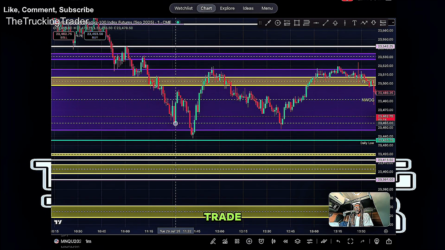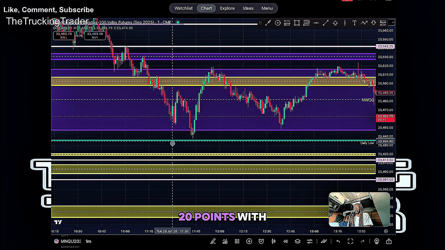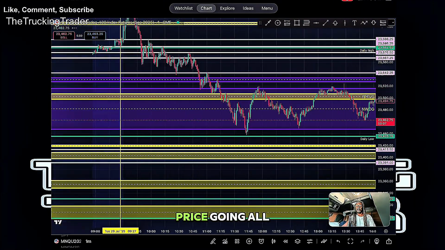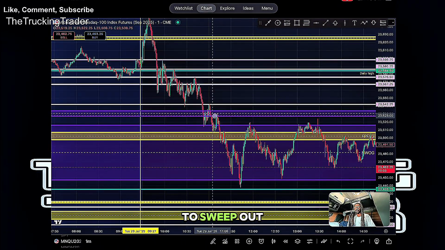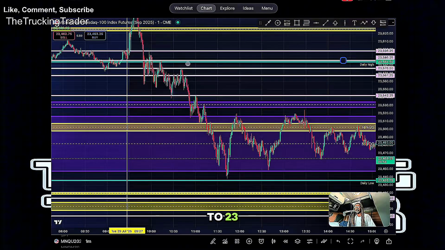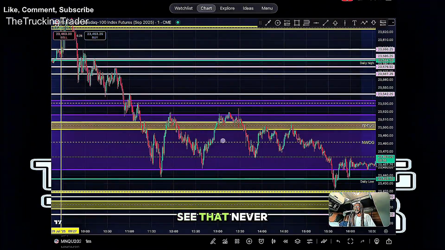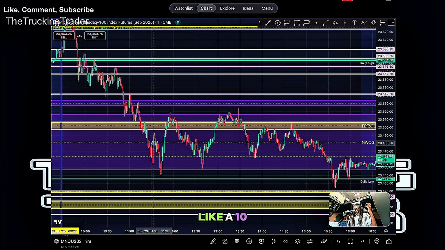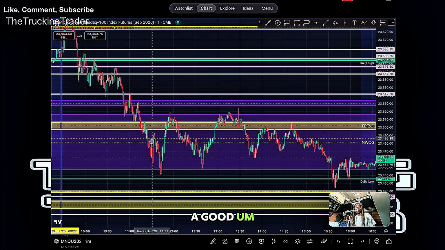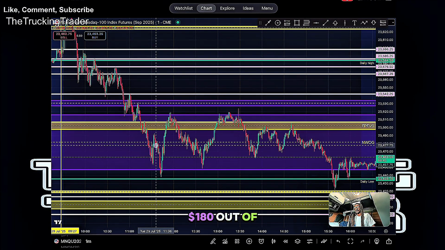So when I take this trade, I'm only risking 20 points, with the idea of price going all the way back up here to sweep out this liquidity up here, at least going back up to 23,600. Now, as you guys can see, that never happened, but that was the idea, right? I'm only risking 20 points, and I got like a 10-to-1 plus risk to reward ratio, right? So I got a good $180 out of this trade.